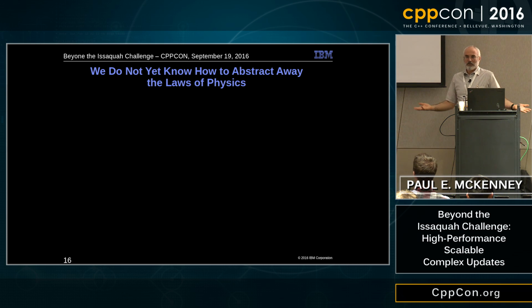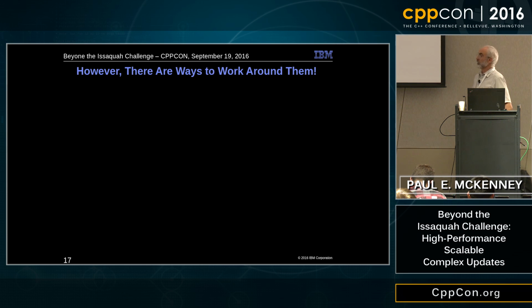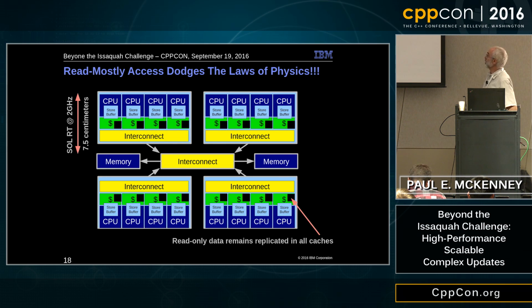I mean, some people say they do, but I always look at what they do and their performance results aren't consistent with it really abstracting it away. But abstraction may fail us, but dirty tricks and workarounds are still with us, and we can make those happen, all right? I've been doing this for a long time, and one trick, which I have used a lot over the past 20 plus years, is read mostly access.